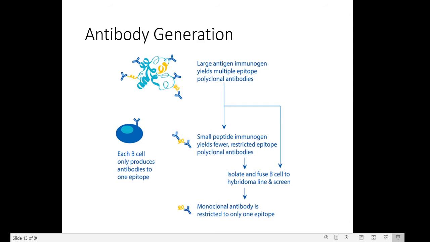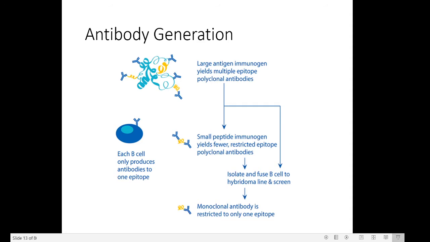In this antibody generation experiment, they produce the antibody at laboratory scale itself. So how can we produce the antibody? Each B cell produces antibodies to only one epitope.